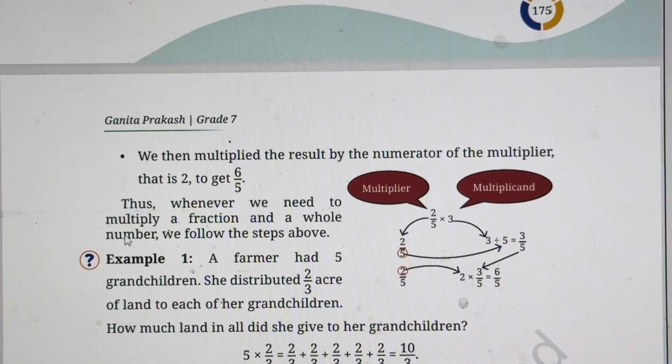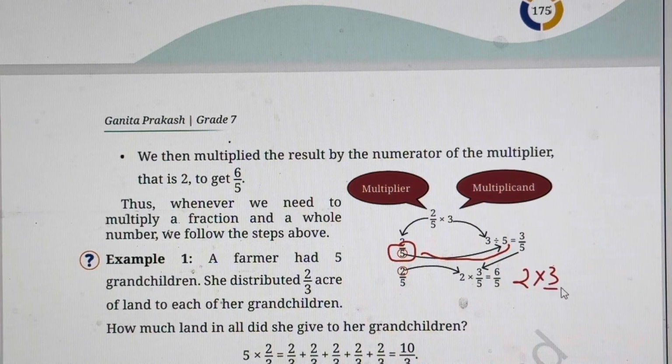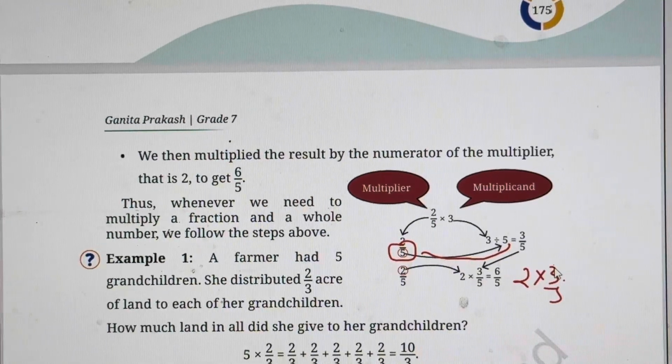Thus, whenever we need to multiply a fraction and a whole number, we follow these steps. So what is done? This 5 is picked up and 3 is divided by 5, which becomes 3 upon 5. Then 2 is multiplied, so 2 3s are 6, 6 upon 5. This is the way we multiply.